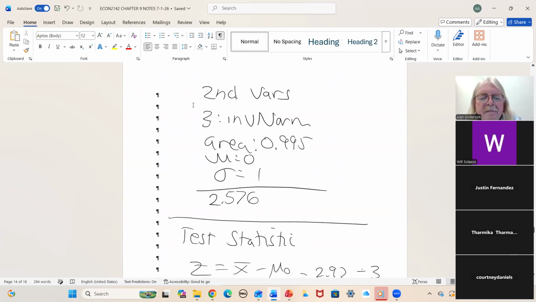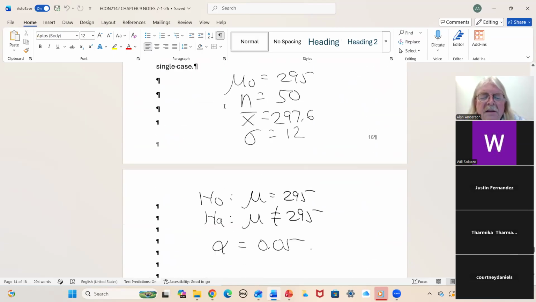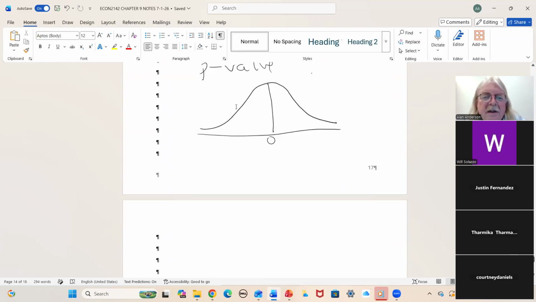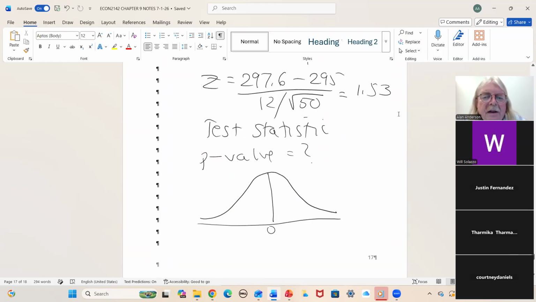Well, anyway, this is different because it's a two-tailed test. What you have to do here is to find your test statistic and the negative version. The p-value equals the sum of these two shaded regions.